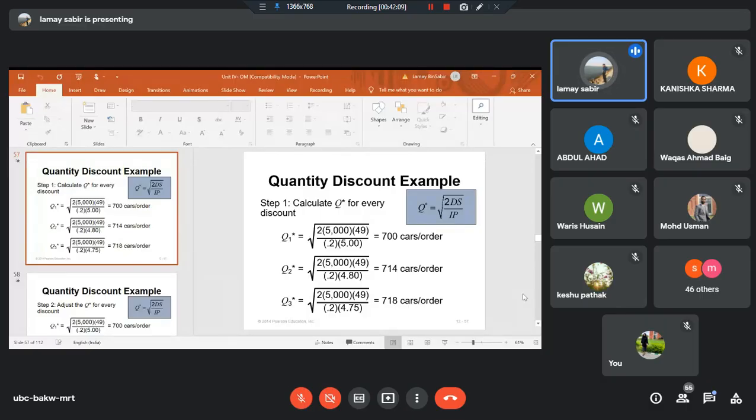Which value is good for us? Which value we have to keep our inventory level? Anybody out of you who will give me a hint? How do I decide which is good? Q1, Q2, Q3, which is the best answer for me? How do I decide? Sir, Q2.